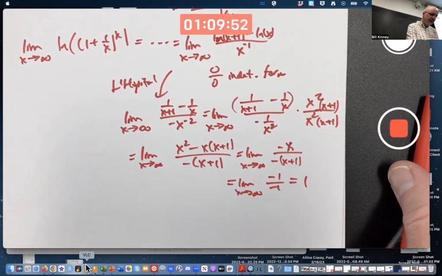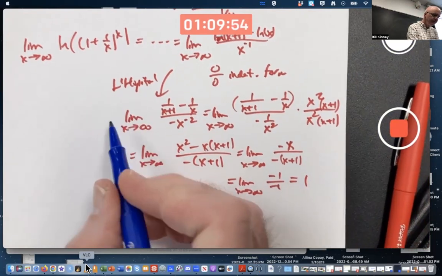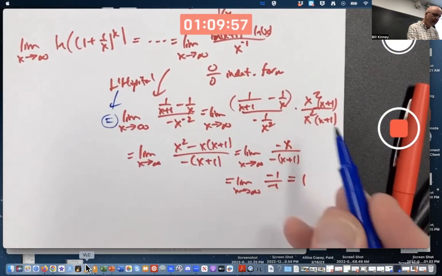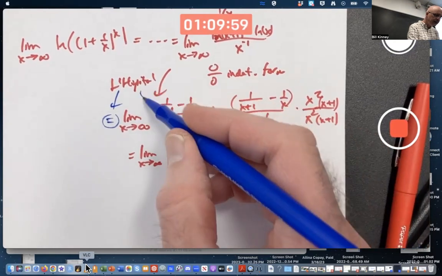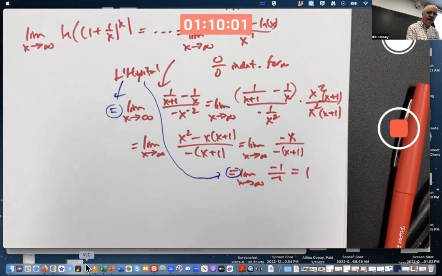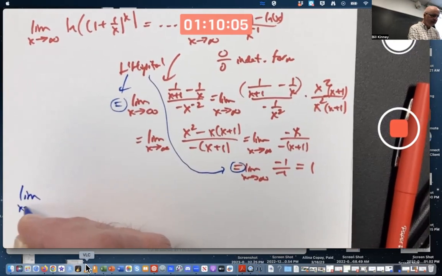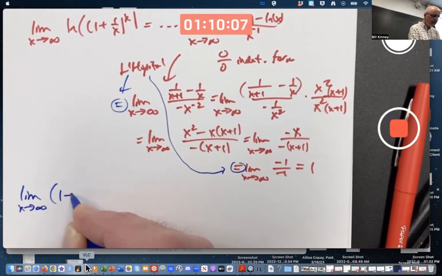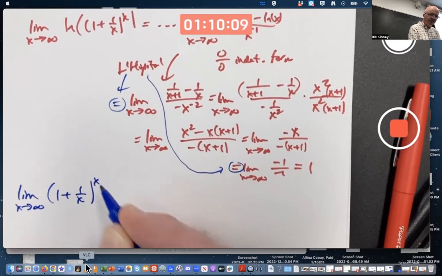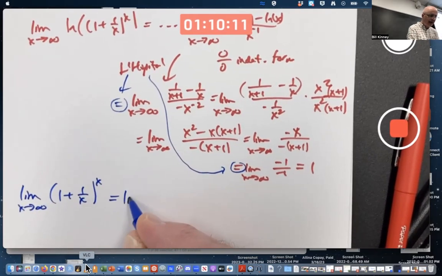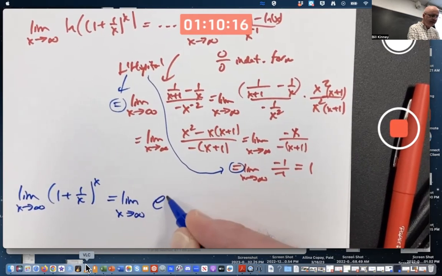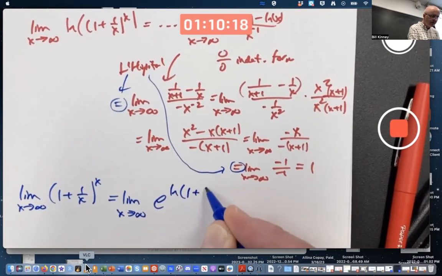So the places where I used L'Hopital's rule were here, and also right here. Anyway, the limit that we're after, by the same kind of trick I showed you with the last problem, write that function as e to the natural log of that function.